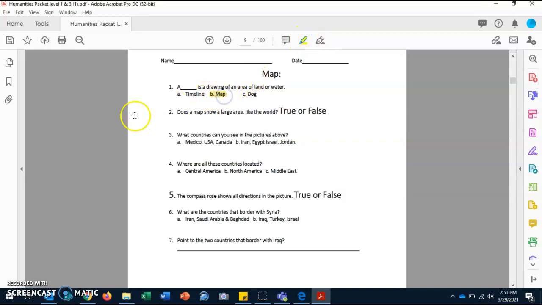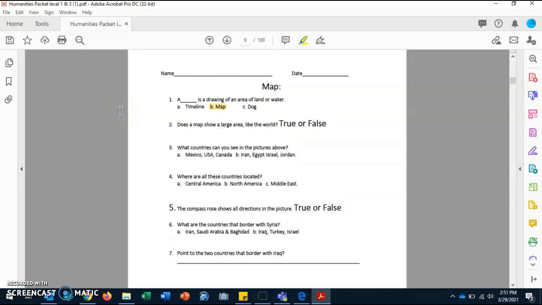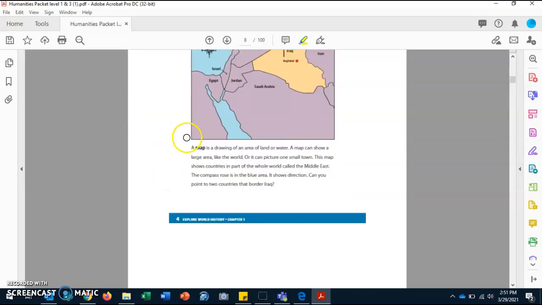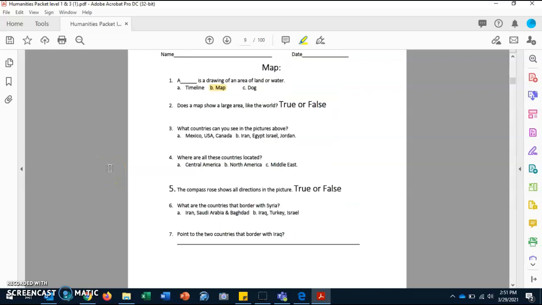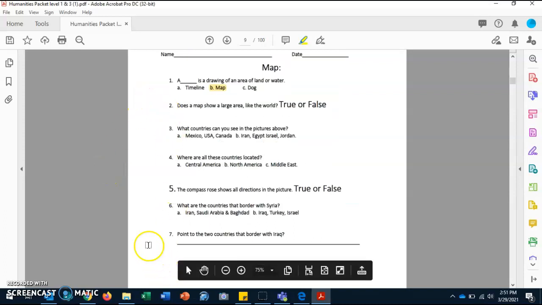Yes, boys, good job. A map. A map is a drawing of an area of land or water. And if you did not know the answer, we can find it right here. A map is an area of land or water. Awesome job. So now you're going to answer the rest on your own.